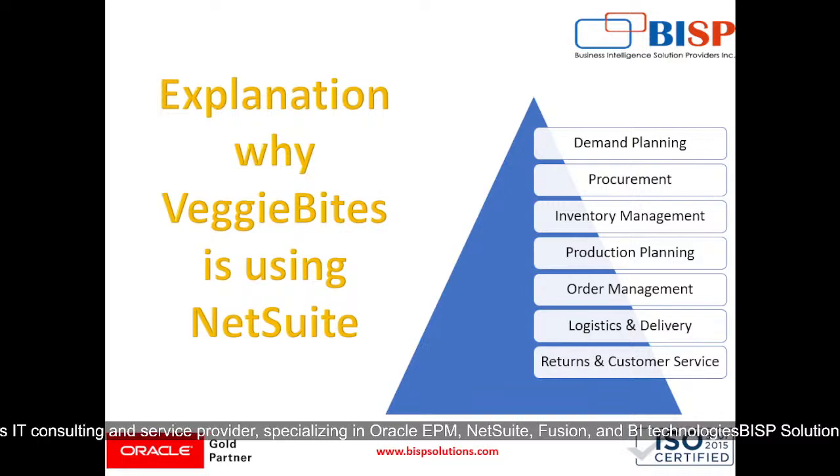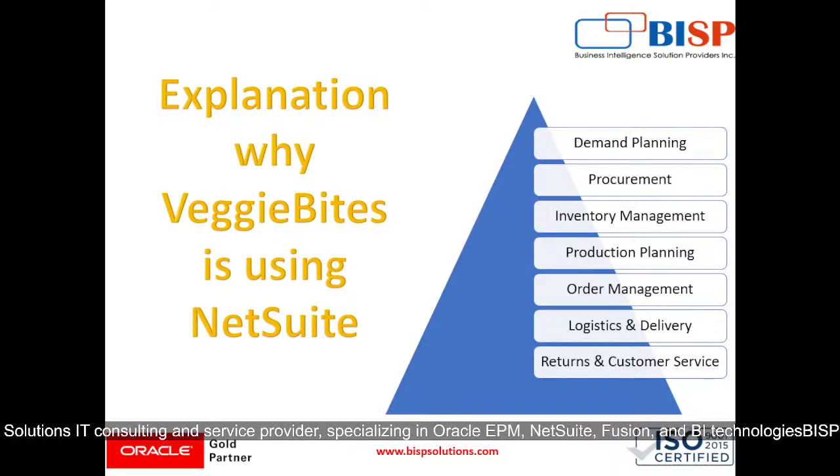So Netsuite provided them a solution that manages return requests automatically, updates inventory accordingly, and also issues refunds and replacements without manual effort. So for example, a customer receives a broken cookie box, so they raise a return request, and Netsuite instantly processes a replacement without manual intervention.